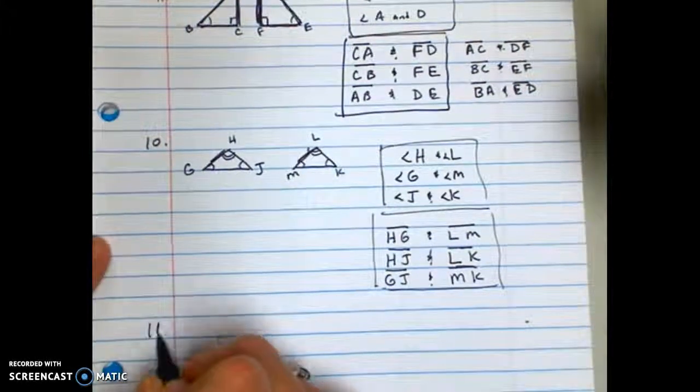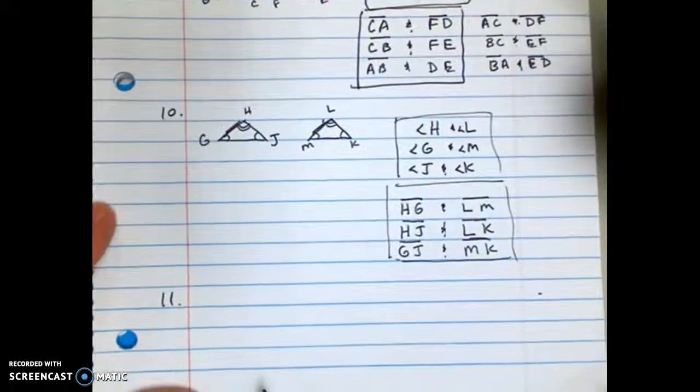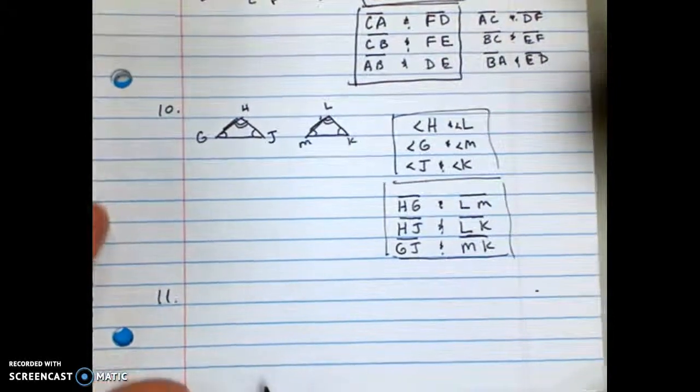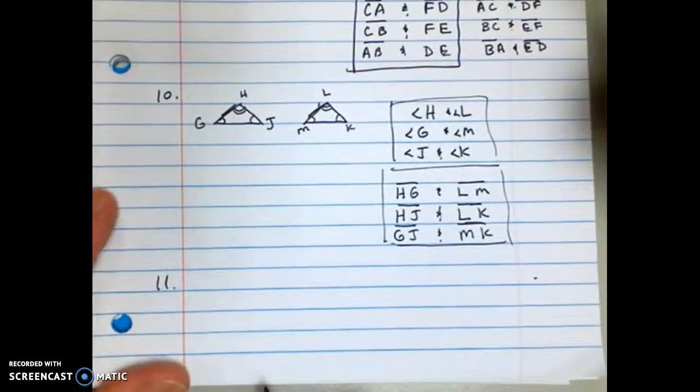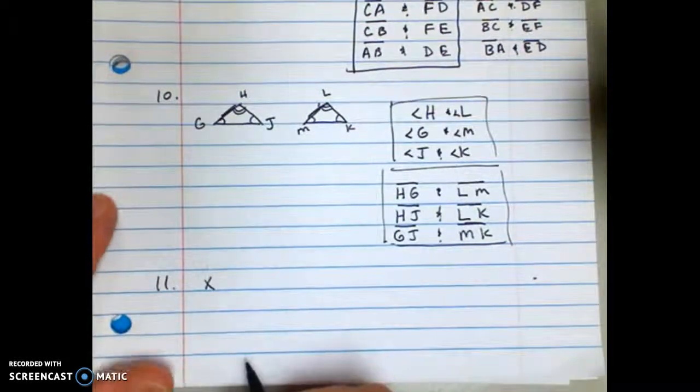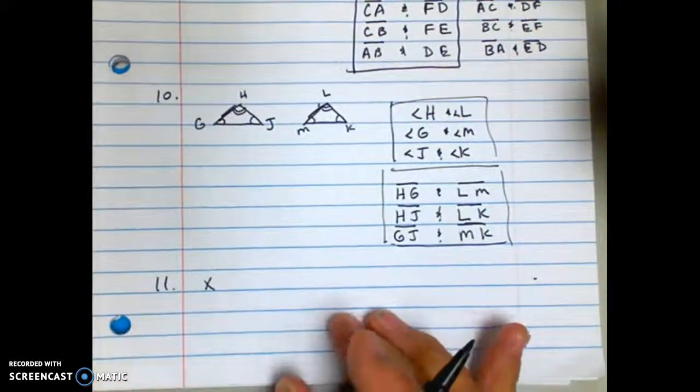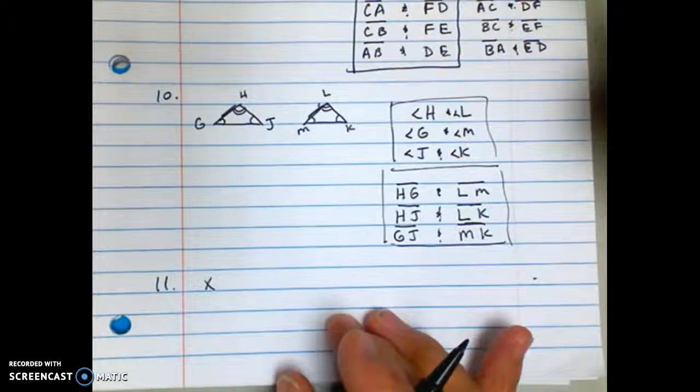Number 11, these 2 figures are congruent, which means they're identical. We want to find the values of x and y. They're congruent, so we know that there is a right angle in this one. We don't know the measurements, but we know we're missing the right angle there.